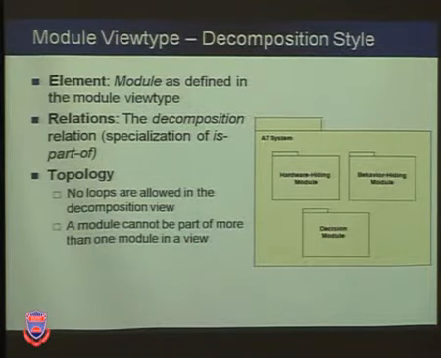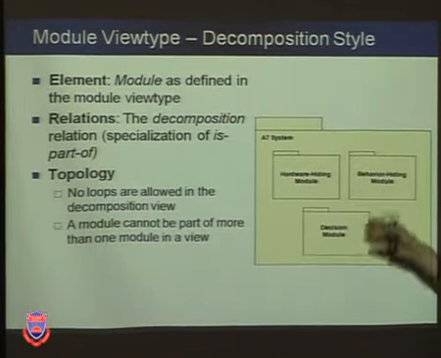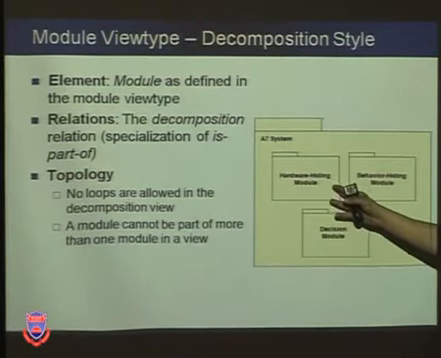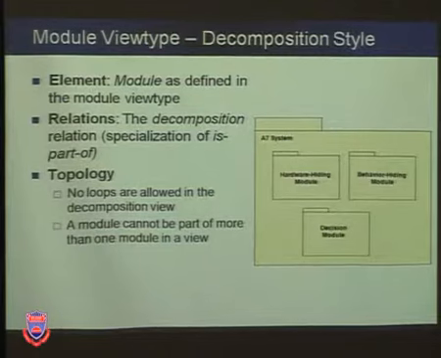This is an example of a decomposition view for a particular system, the A7 system. This shows, for example, the system consists of 3 modules: hardware hiding module, behavior hiding module, decision module.